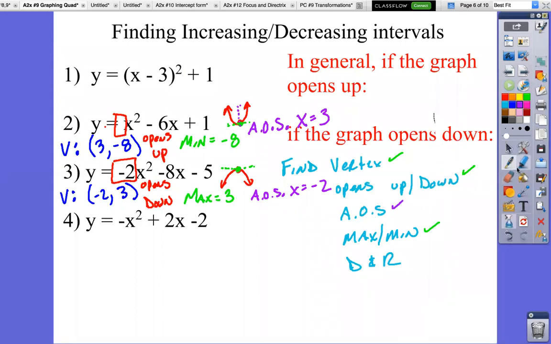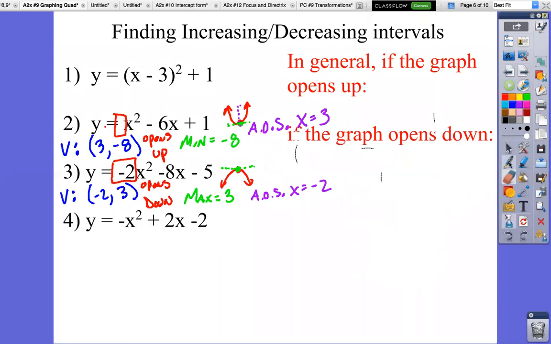Now we need the domain and range. Let me go ahead and get this gone so we've got a little more room. Your domain and range. On number 2, your domain is always what? What is your domain always, no matter what it is? All real numbers. Which means this can keep going forever left to right, always. But your range can't.